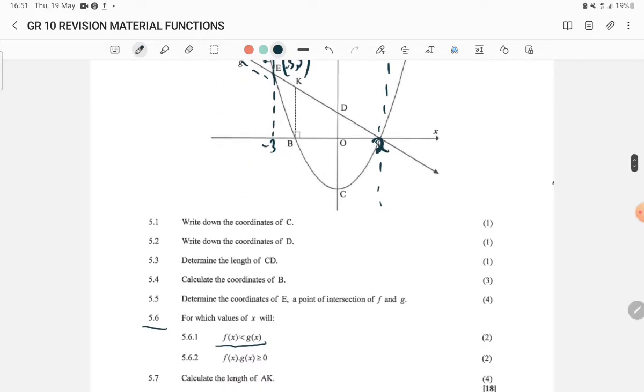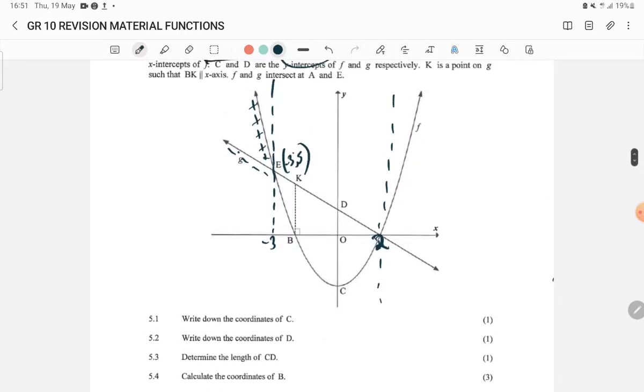First of all, we are looking for the values of x where f(x) is below g(x). f(x) finds itself being below g(x) right after -3. You can see that f(x) is below this graph, still below, still below.